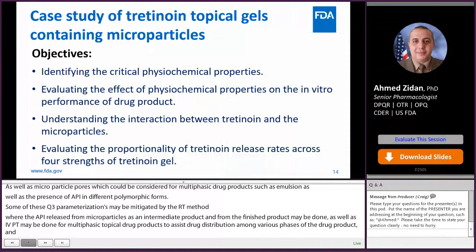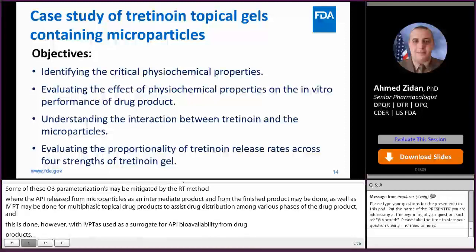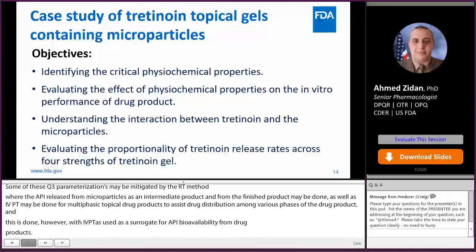So now we can go to one of the case studies that we have at FDA premises about tretinoin topical gels that have microparticles.